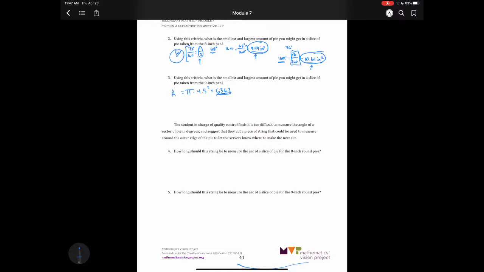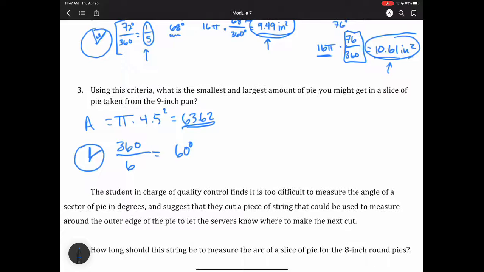Now, if we want to look at what the area is of one of these slices, or what the degree measure is of one of the slices, so we now are separating this pie into 6 pieces, right? So we're dividing it by 6, which gives us 60-degree slices, okay? Now remember, we said that our margin of error, the quality controller said our margin of error could be as much or as little as 4 degrees, okay? So plus or minus 4 degrees, whoops.